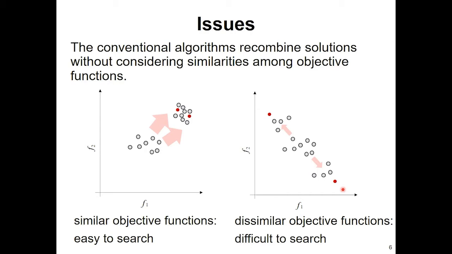If the solutions with these objective functions as their scale factors exchange information on each other's search, the search will not proceed well. The use of similarities among objective functions for the recombination would enhance evolutionary multifactorial optimization.